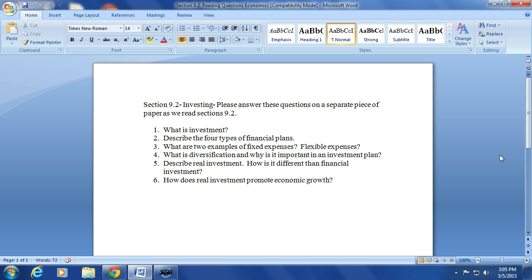Then you have a retirement plan. The retirement plan basically is a plan for how you're going to save your money for retirement. I'm sure all of you guys would like to retire one day, go sip pina coladas on a beach in Hawaii somewhere. And that can be expensive, so you do need to save money for that.